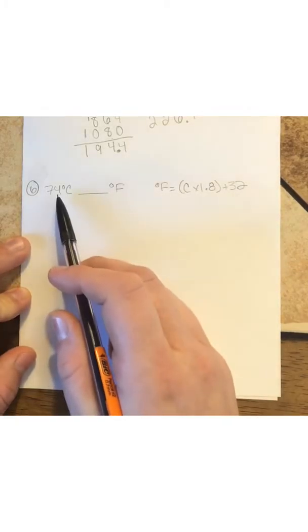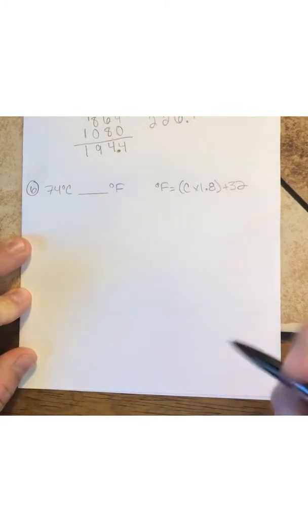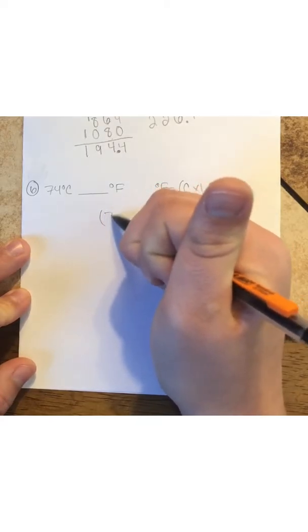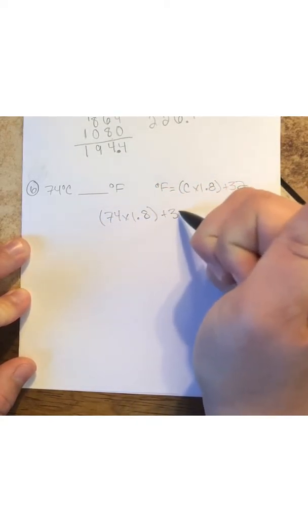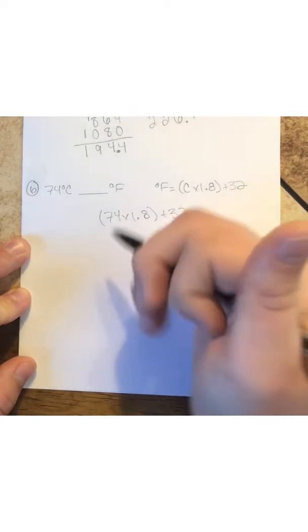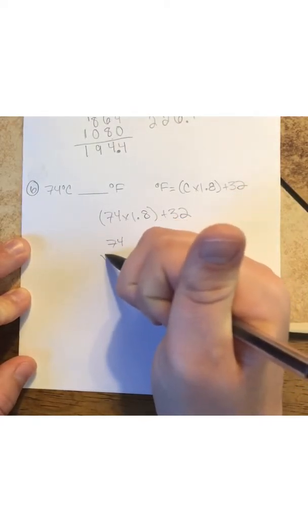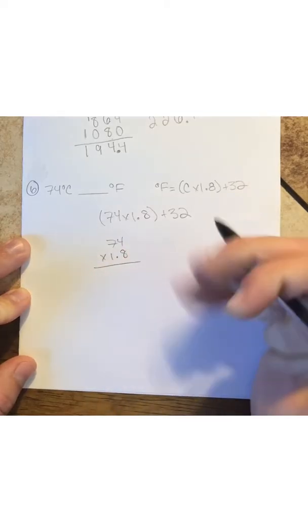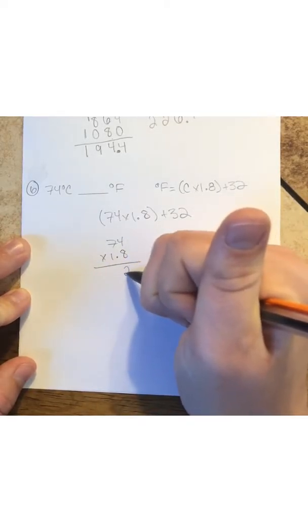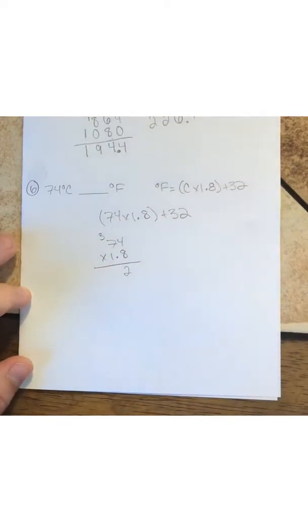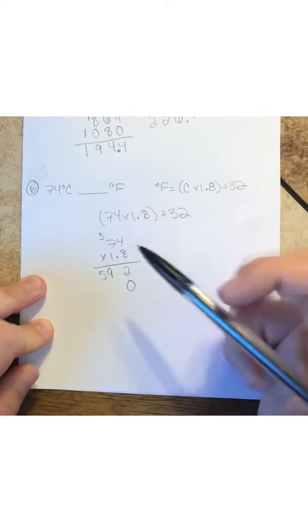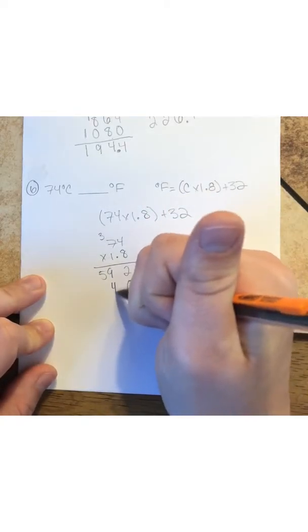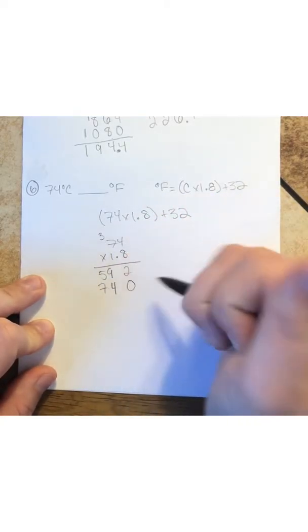Last one, I have 74 degrees Celsius equals how many Fahrenheit? So I'm just going to plug that into my equation. Eight times 4 is 32. 8 times 7 is 56, plus 3. 1 times 4 is 4. 1 times 7 is 7.